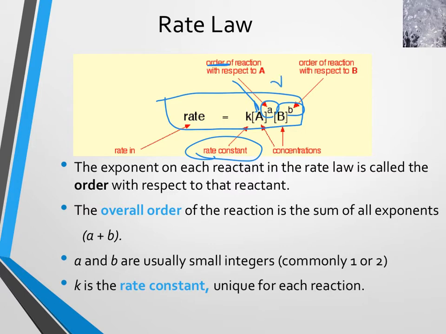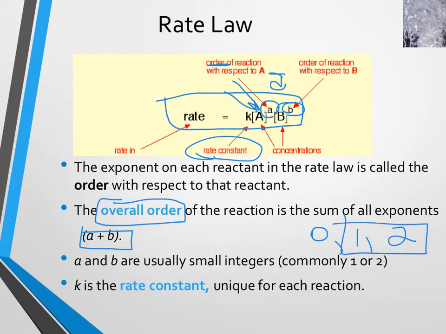So in this case, the little a would be the order of the reaction with respect to A, and little b would be the order of the reaction with respect to B. There is something called the overall order of an entire reaction, and that's when you add together all of the exponents. The order of reaction is most commonly 0, 1, or 2. Probably 1 and 2 are most common.